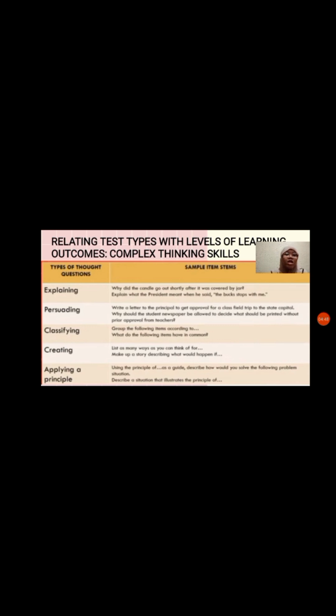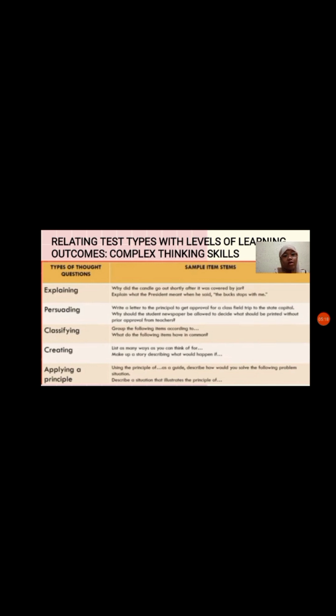For classifying types of thought questions, the possible question is: group the following items according to what the following items have in common. For creating, list as many ways as you can.